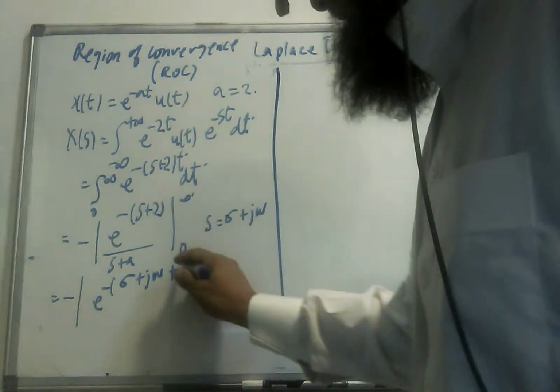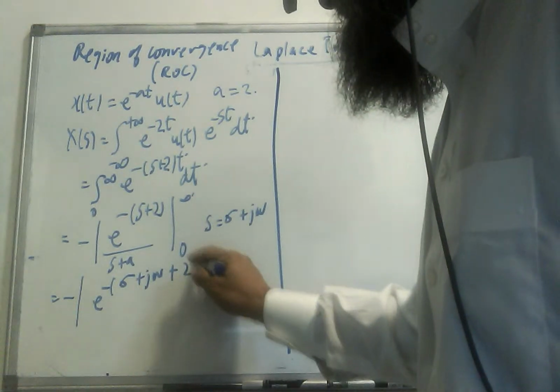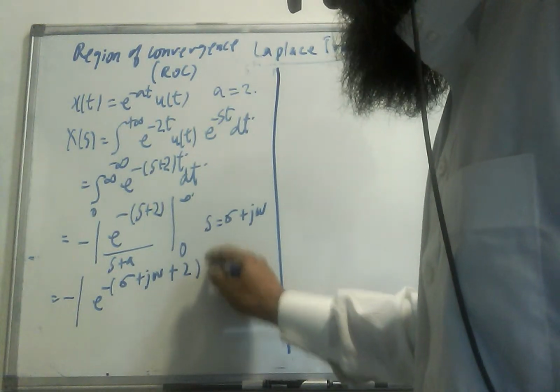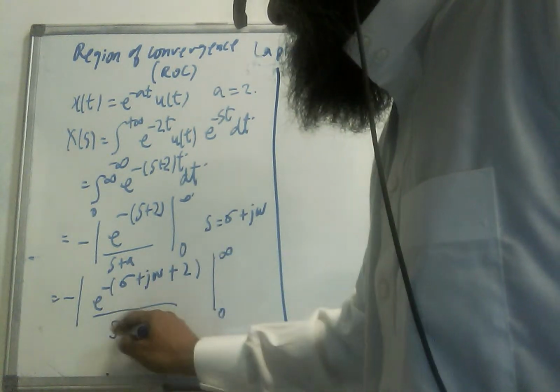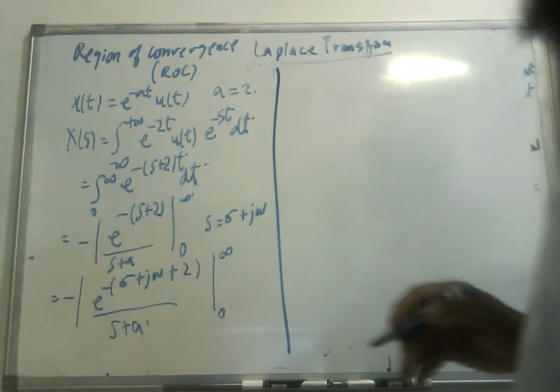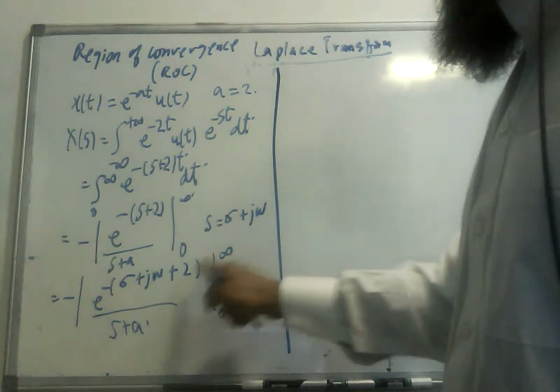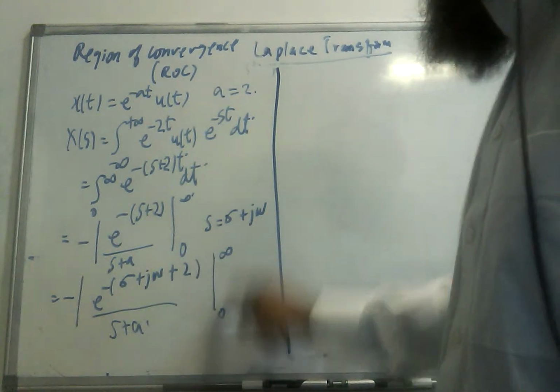So I have sigma plus j omega plus 2, and this goes from 0 to infinity. Now, to put the limit, I put first infinity and then I put 0.